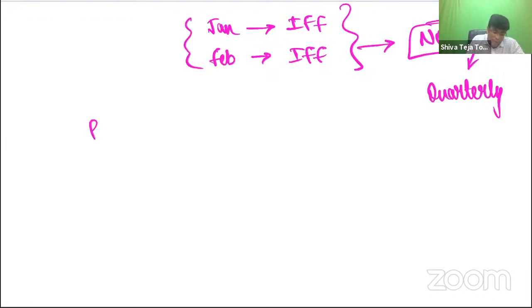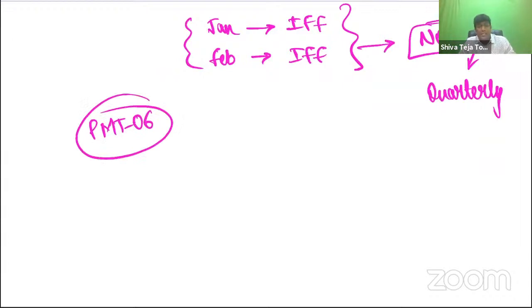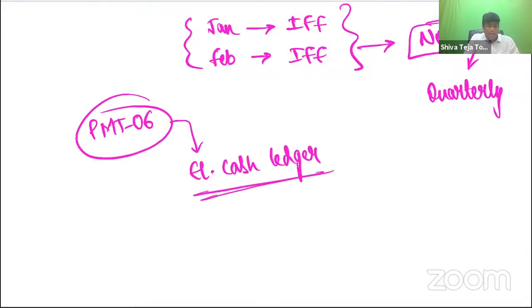For the purpose of payment, my dear friends, we generate one challan in one form known as GST PMT 06. In that, we enter the details of CGST, SGST, what we are trying to pay, and make the payment. Once we make the payment, the amount will come and sit in the electronic cash ledger. The government idea is simple: please make the payment and let the balance come and sit in the electronic cash ledger. That's what we want you to do.